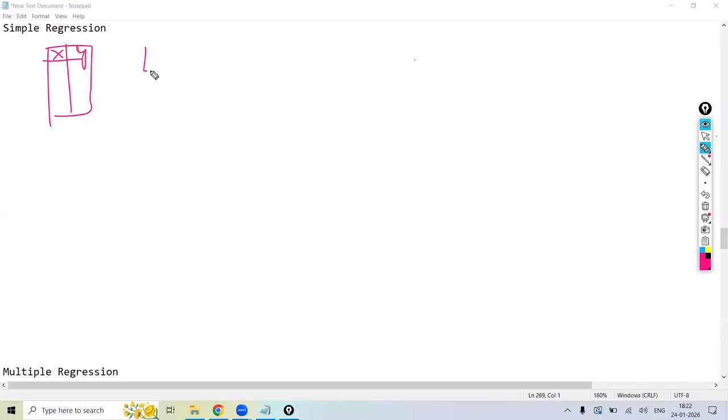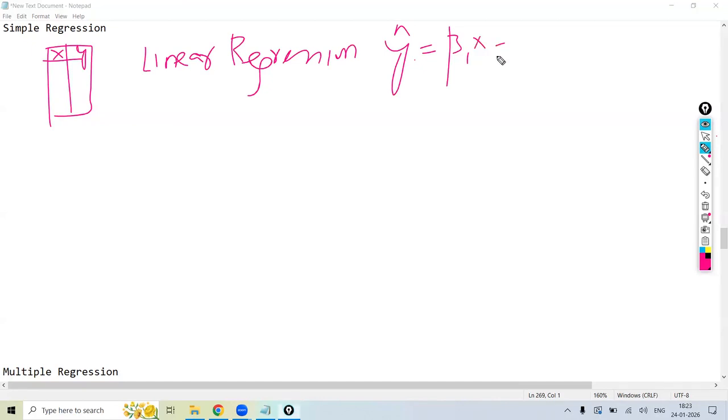We have x and y, linear regression, where for the linear regression the equation is y hat equals beta 1 x plus beta naught. Next, again the same x and y, but this time we are going to create a new column called x square.